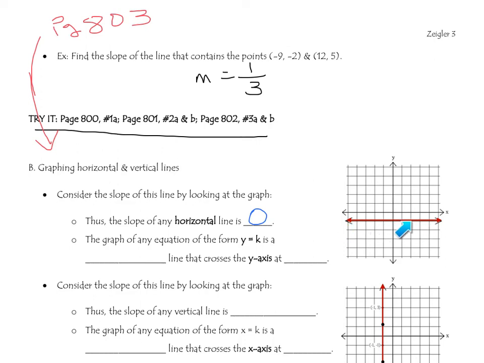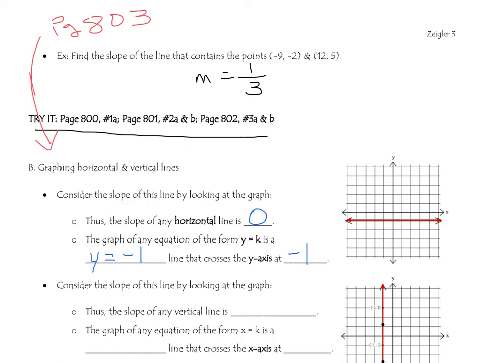But y is always negative 1 in all those places. So to define that line, the equation is going to be y equals negative 1.